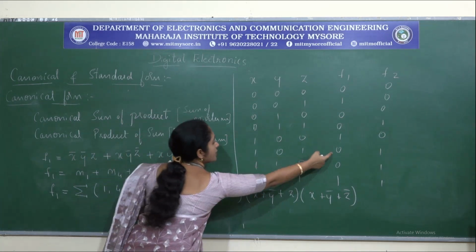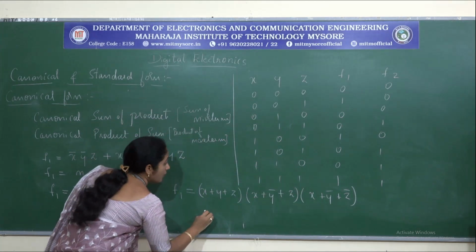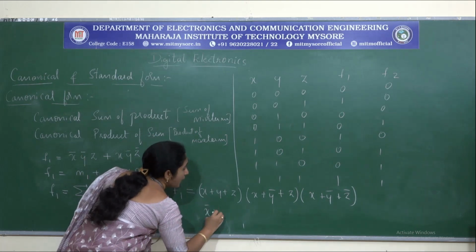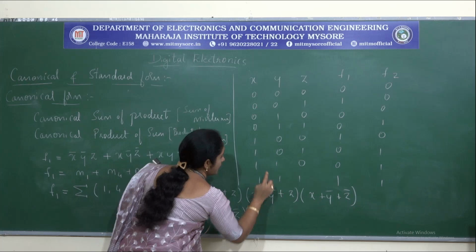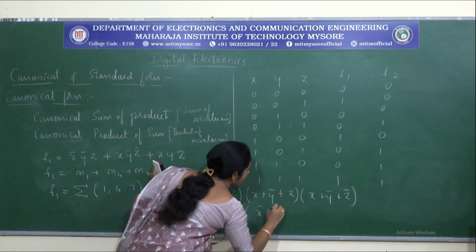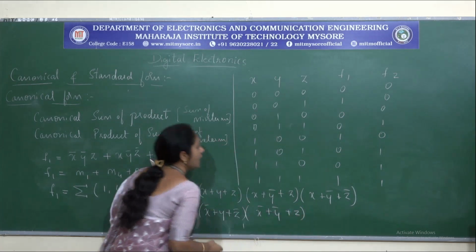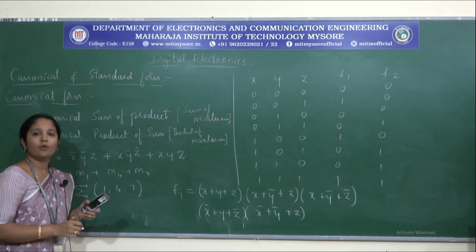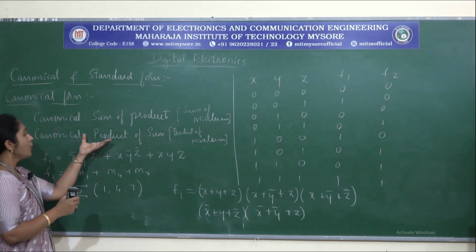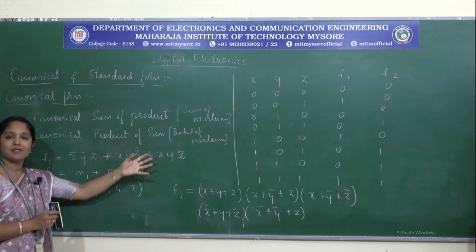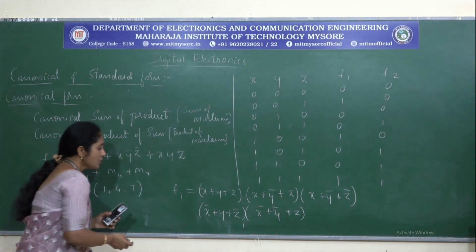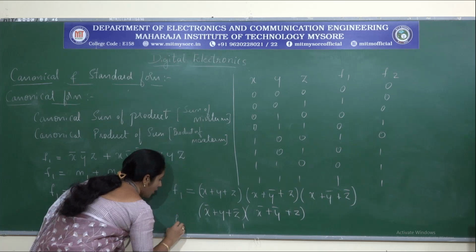We have 2 more logic zeros here. So x bar plus y plus z bar. Next is x bar plus y bar plus z. This is how we write using the product of sum. So this is canonical product of sum form. POS, in short, we call it canonical POS.